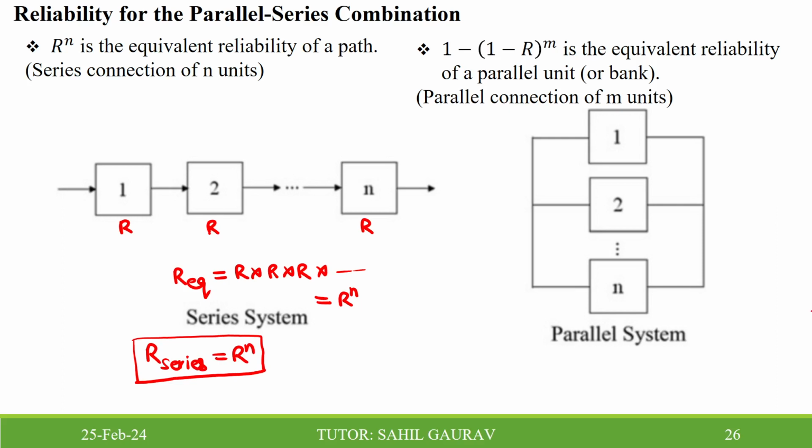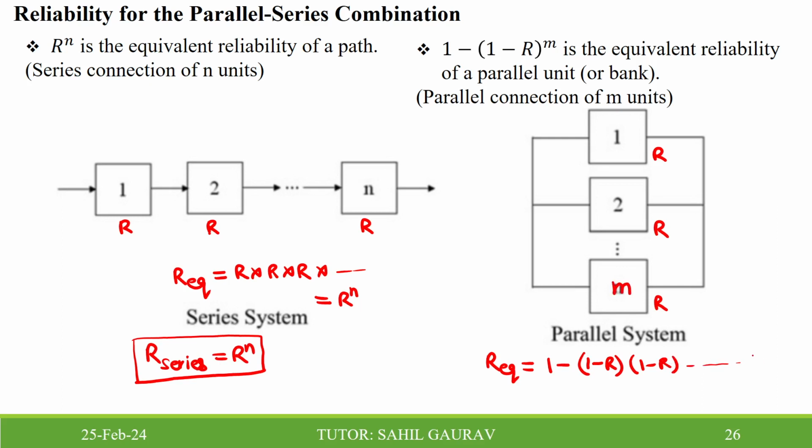Now for the parallel system, you have to subtract from 1 the product of the unreliabilities. Like for the first component the reliability value is R, for the second component R, for the third component R. So 1 minus R, and it continues, and take it as m, not n.